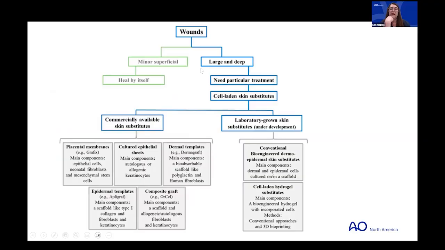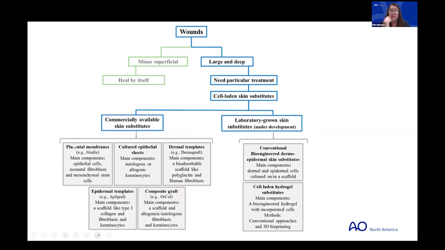And this again is trying to make it a little less confusing. When we decide that we have a large wound that needs care, then we come down and we're looking at, okay, what's commercially available, what's under development. And this is a broad category of where these cells and this tissue comes from.